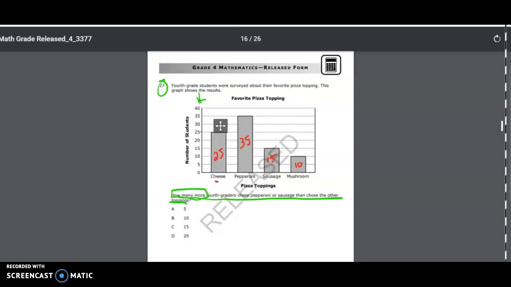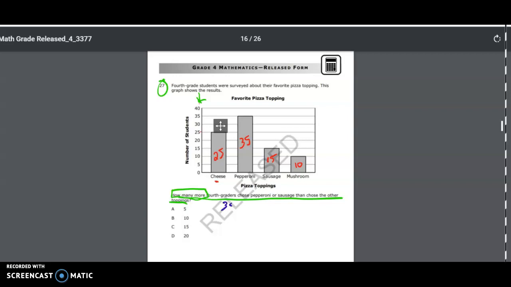Okay. So you are asking yourself again, how many more fourth graders chose pepperoni or sausage than chose the other toppings? When you say pepperoni or sausage, that means them together. So this is a multi-step problem. You're going to have to add up the pepperoni and sausage together first.